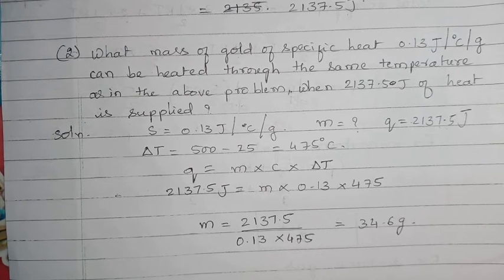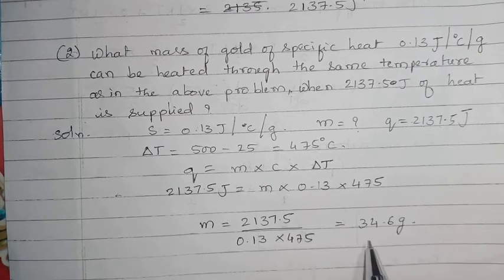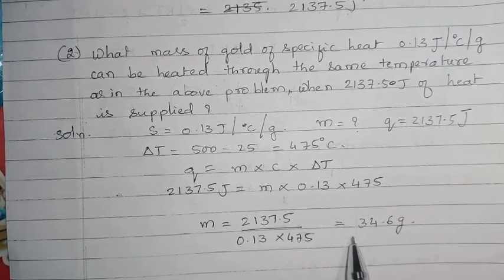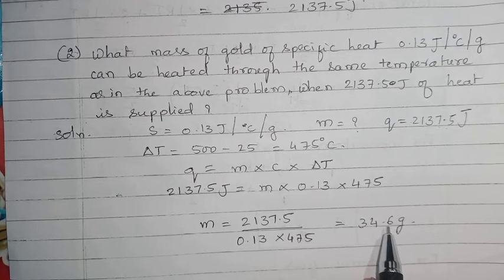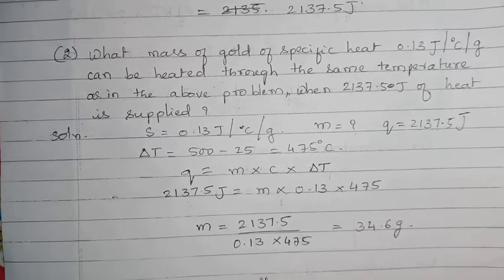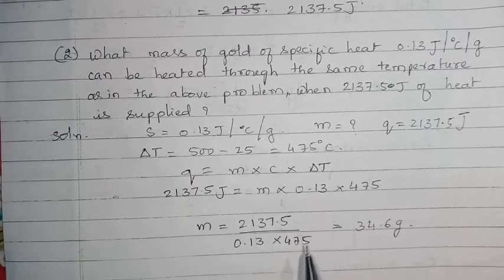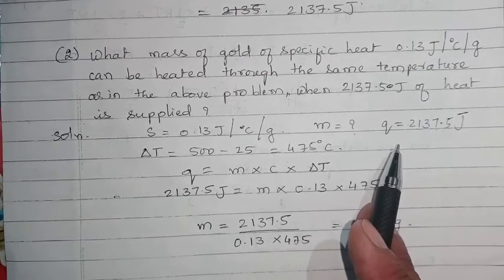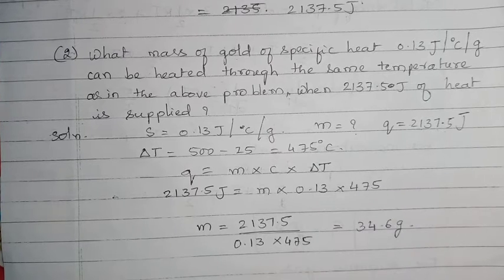So very little heat energy is required for gold to raise its temperature compared to iron. So this much gold is required to raise the same temperature when the same amount of heat is supplied. Okay.